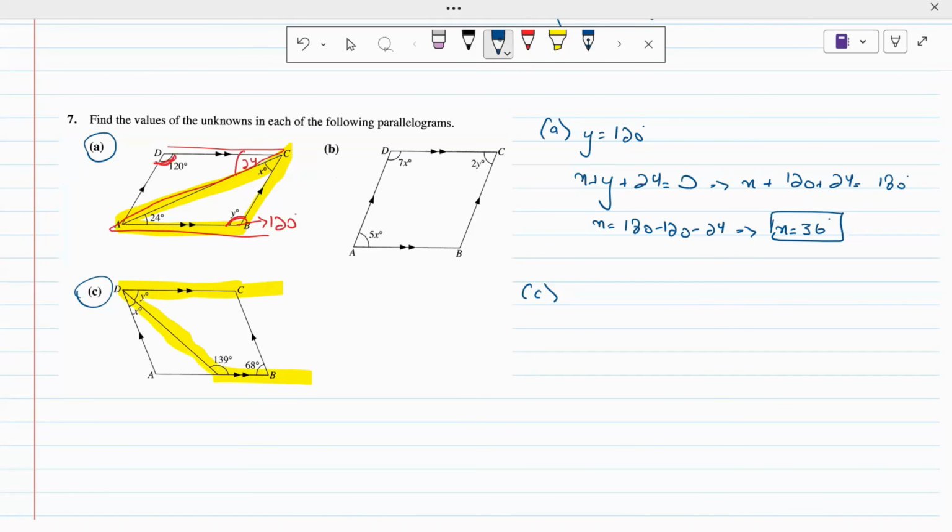So we can make the equation as y plus 139 is equal to 180 degrees, because they are interior angles of these parallel lines. So we get the value of y as 180 minus 139, which is 41.